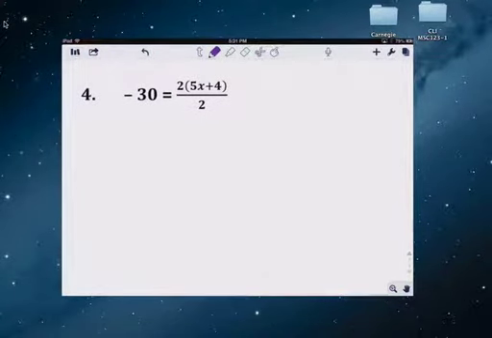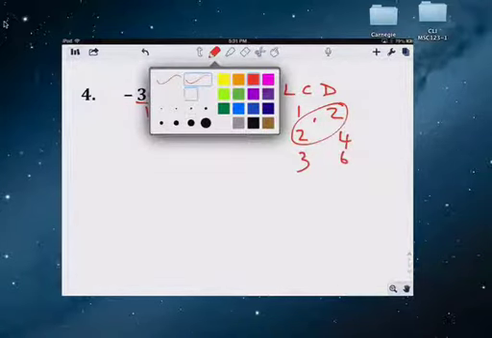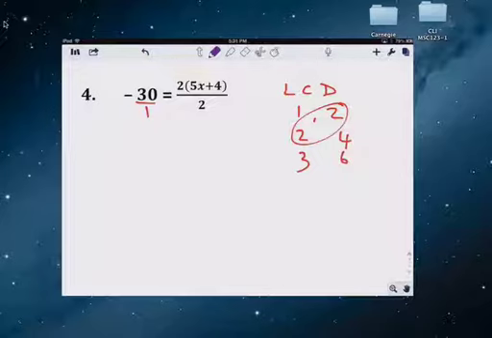Number 4 is this one here. The least common denominator of 1 and 2: count by 1, 2. Oh, 2 is the same. You don't need to count 2, 4, 6. That's a waste of time because we already know 2 is the same, and that's the least. Times 2, times 2.